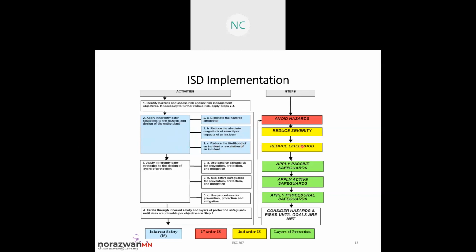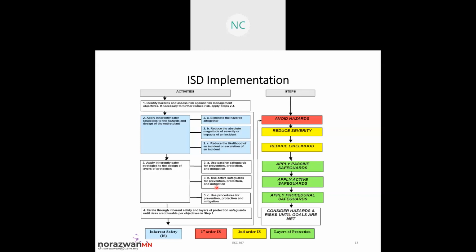Finally, you apply your layers of protection. You apply your passive, active, and procedural safeguards. The first and second ones are during your ISD, and then the passive, active, and procedural come later.